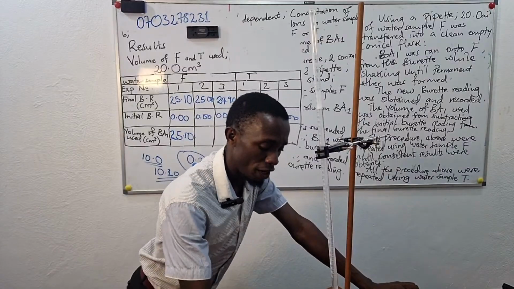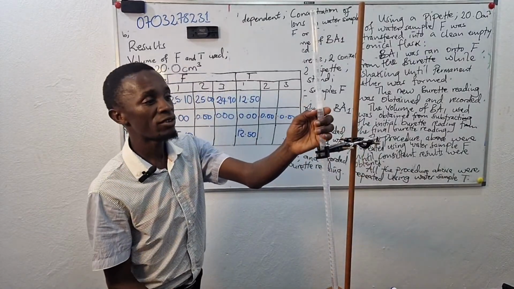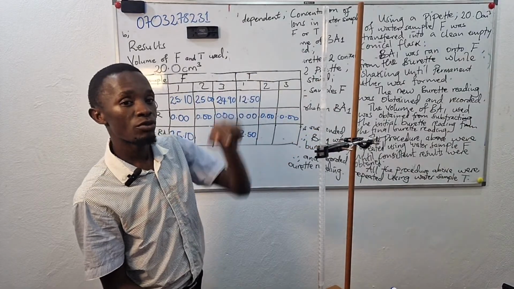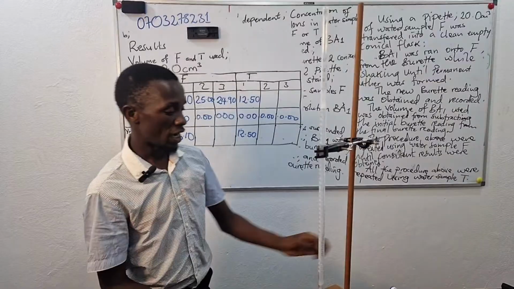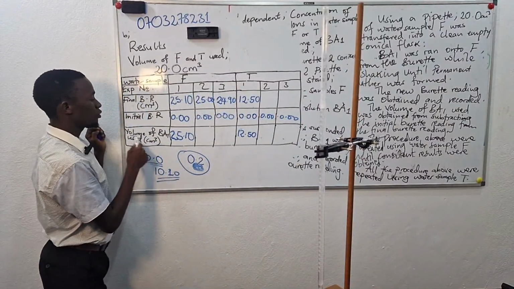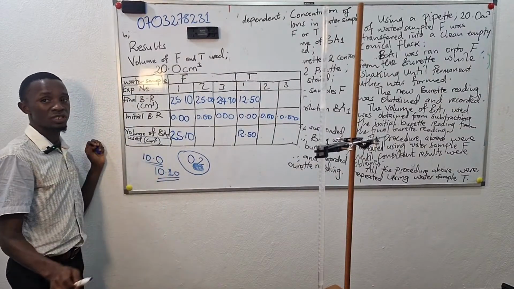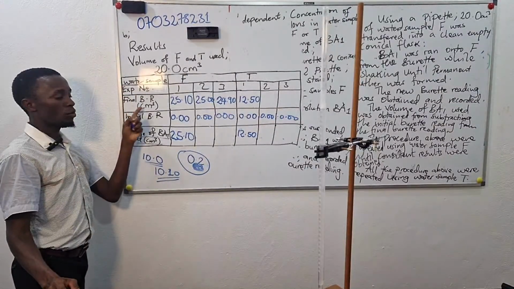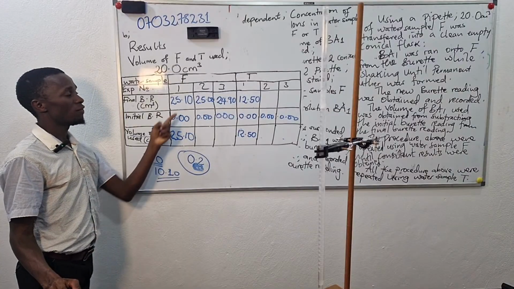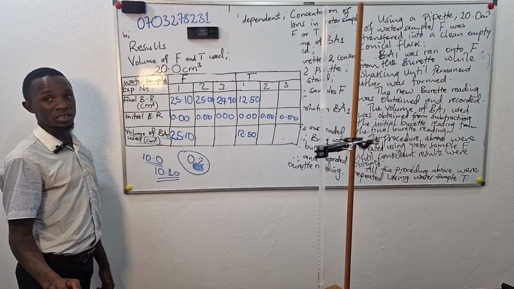And at the point when the permanent lather is formed is when we read off the new burette reading as our final burette reading. And we said that the final burette reading can help us get the volume of BA1 or sub-solution used. And we say it is obtained by subtracting the initial burette reading from the final burette reading.